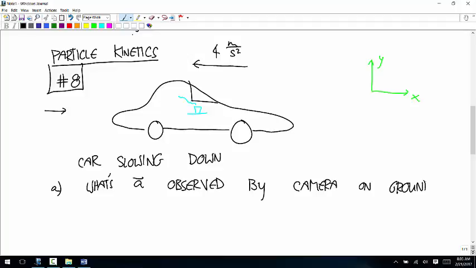You know, outside the car. And anything in free fall to a camera that's fixed to the ground, the acceleration is just down at 9.81 meters per second squared. So the acceleration of the cup relative to the ground is just 0, -9.81 meters per second squared.